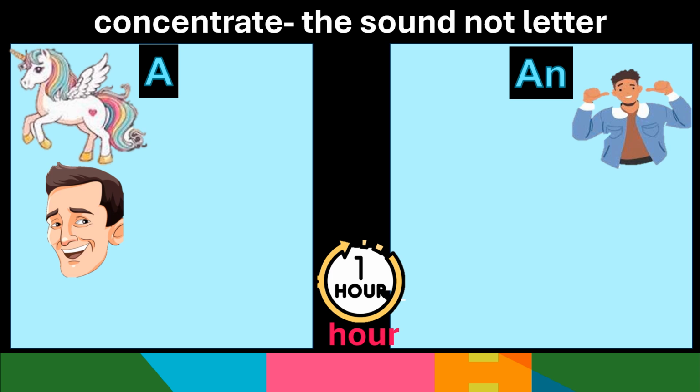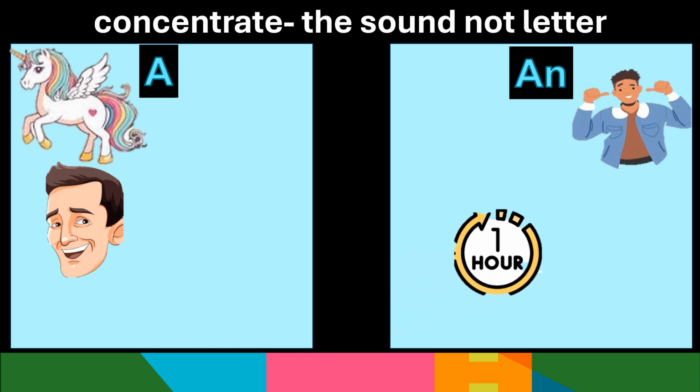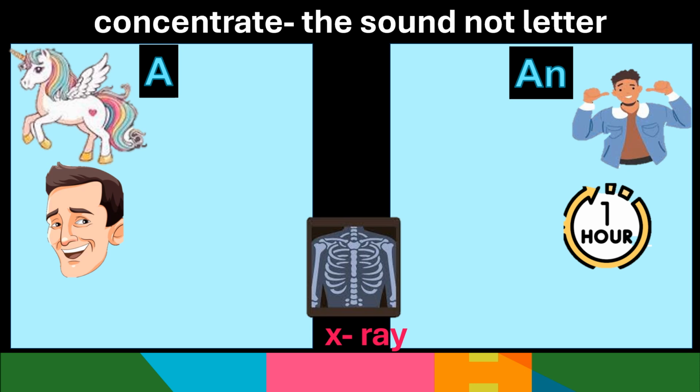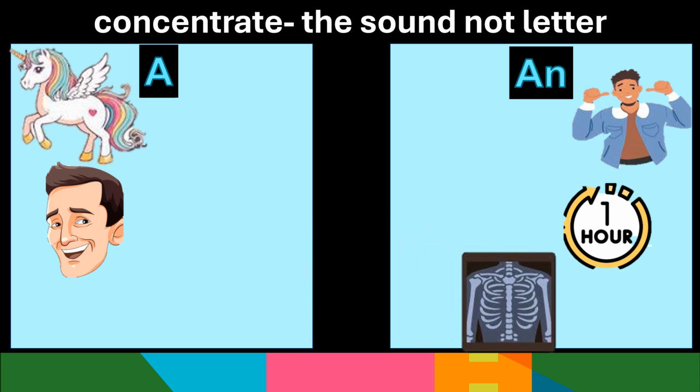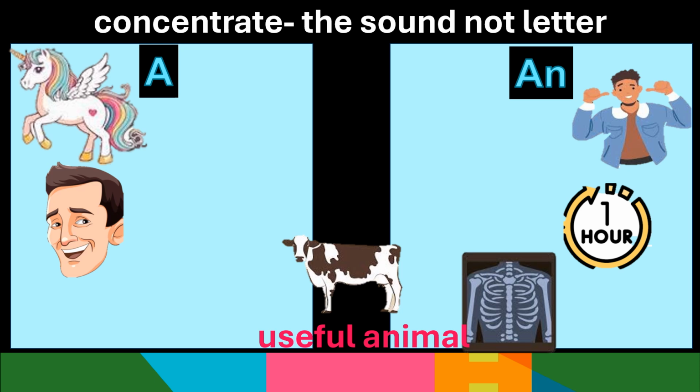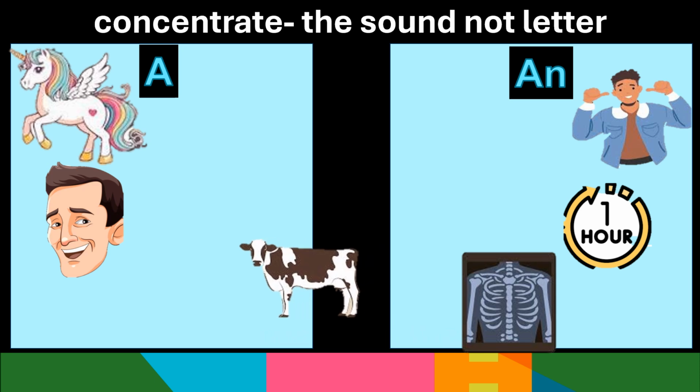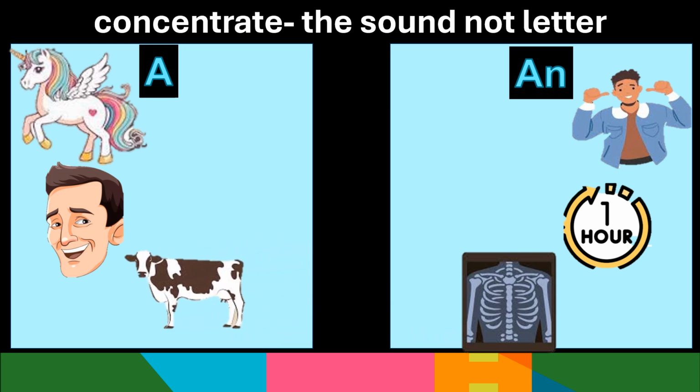Though the first letter is H, which is silent, we have an hour. Next is X-ray. Look at the letter. It's starting from X, but the pronunciation is starting from eks. That's why we will use article an. And the last example, cow is dash useful animal. Useful. The pronunciation is starting with Y. So we will use a useful animal.